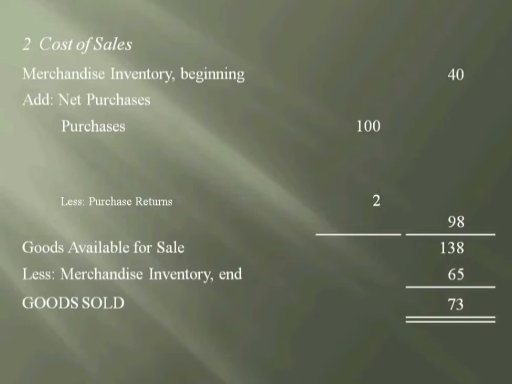So let's assume you purchased the chocolates at 150 pesos each. This merchandise inventory beginning must be 6,000 pesos. That is 40 chocolate bars multiplied by 150. These purchases must be 15,000 pesos. That is 100 multiplied by 150.